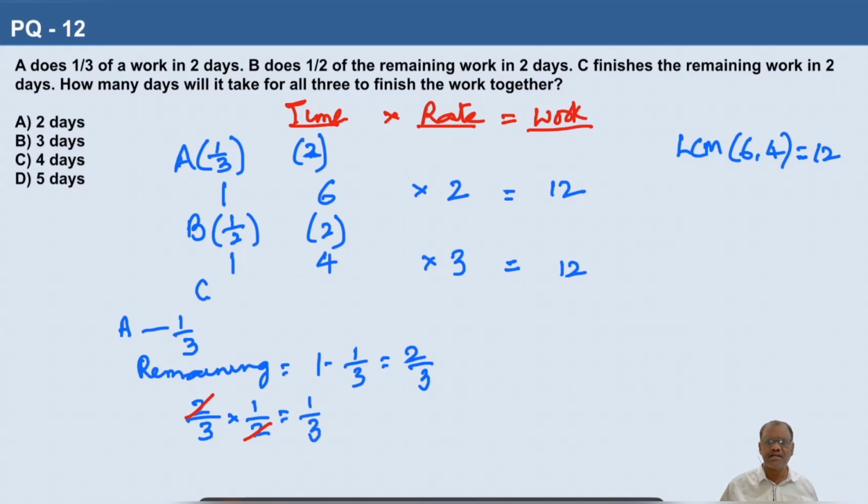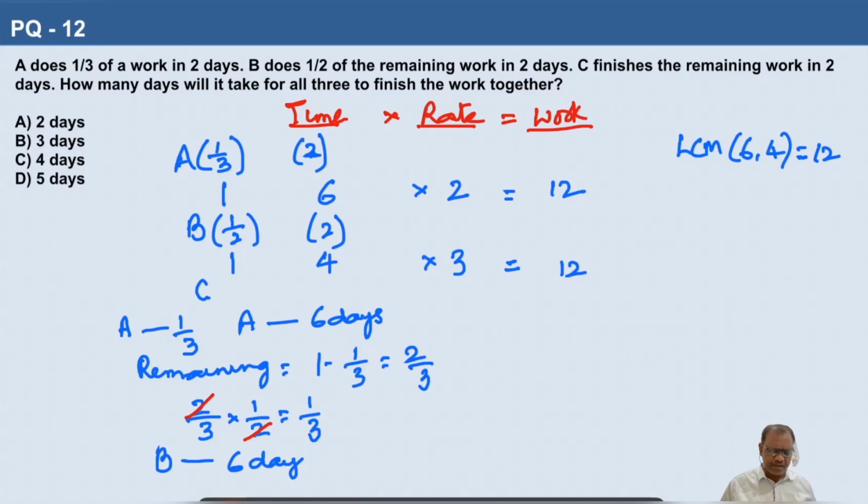So B is doing 1 by 3 of the work in 2 days, so he will do the total work in 6 days. A is doing 1/3 of the work in 2 days, so A can complete the total work in 6 days.